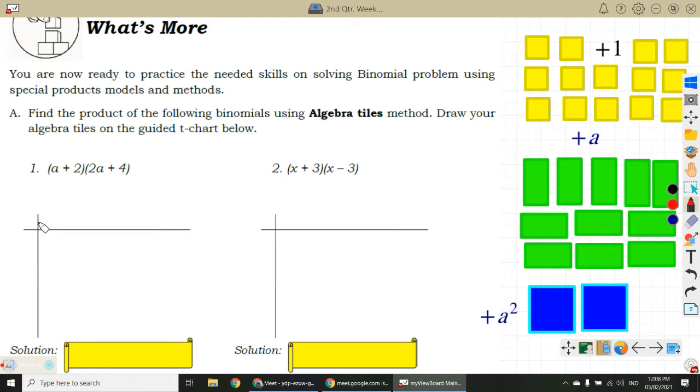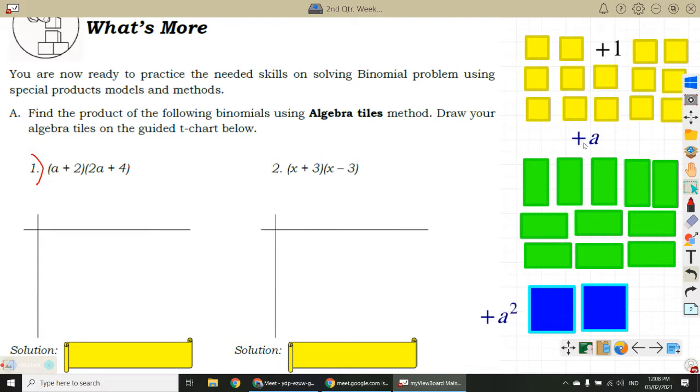So, we are asked to find the product of a plus 2 times 2a plus 4. So, dito muna tayo sa number 1. Let us multiply the quantity a plus 2 times 2a plus 4 by using algebra tiles. Now, these tiles represent a squared.